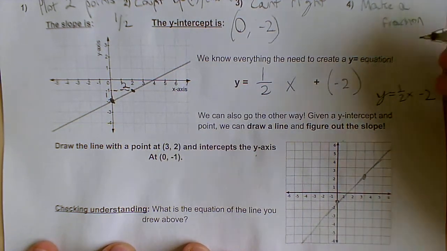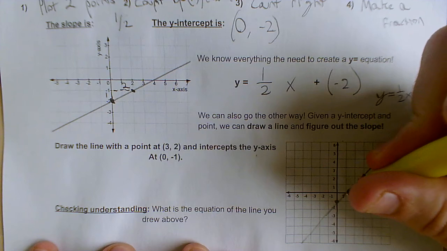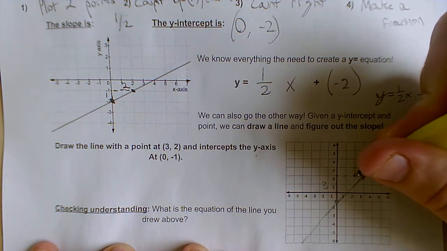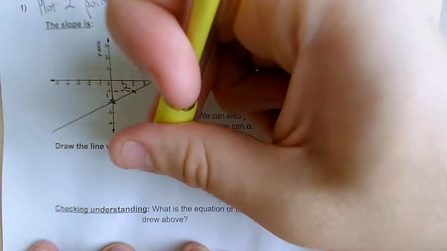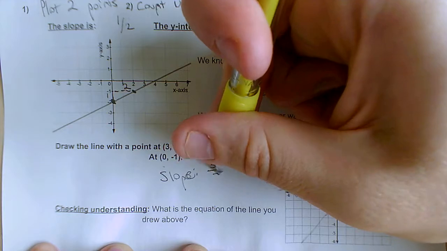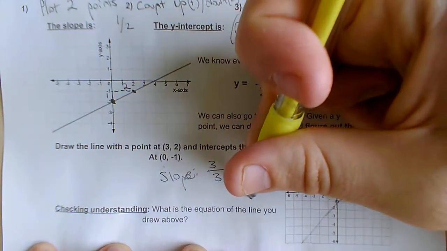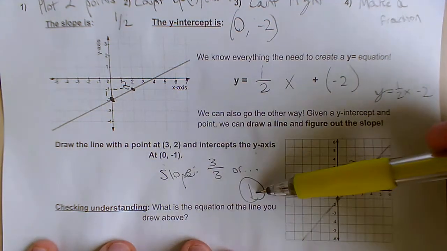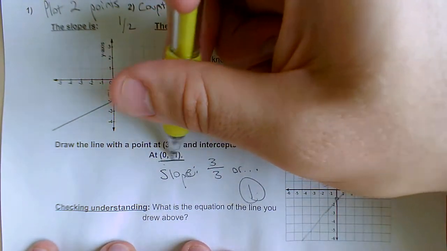Then I can find the slope by doing rise over run. I go 1, 2, 3, 3 up, 1, 2, 3, 3 over. Slope is going to be 3 over 3, or 1. So we have our slope, and we also have our y-intercept right here.